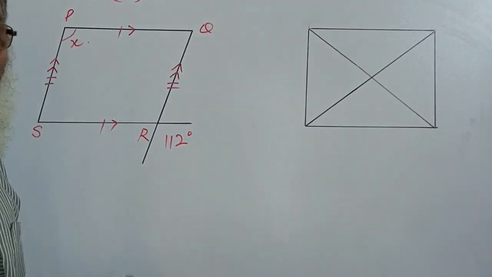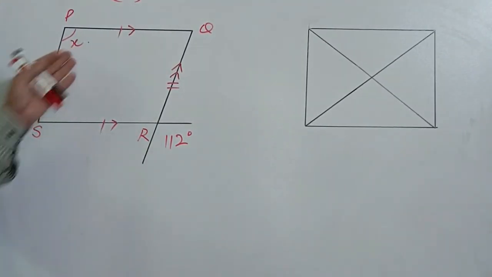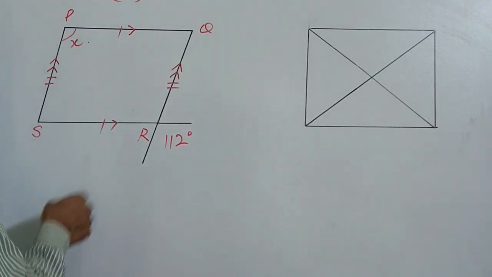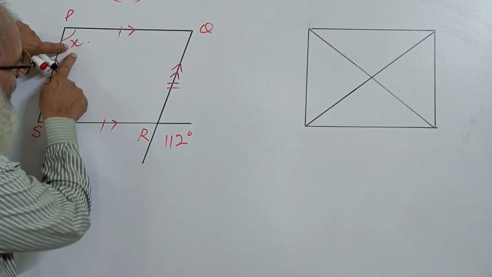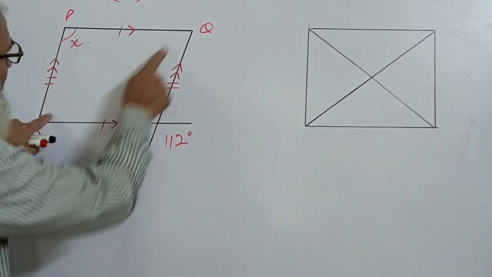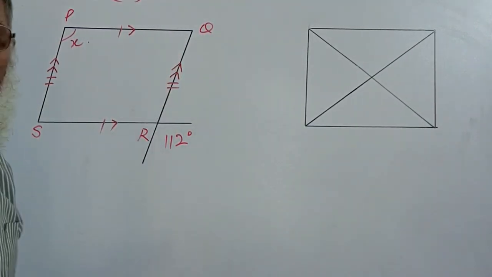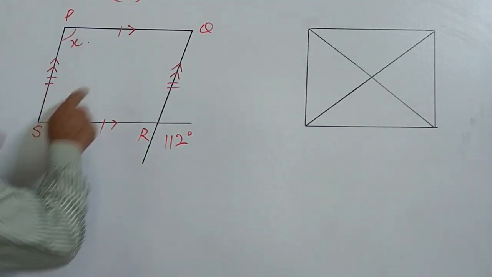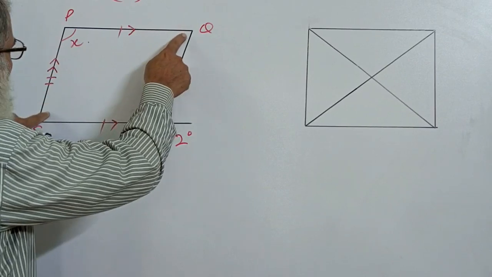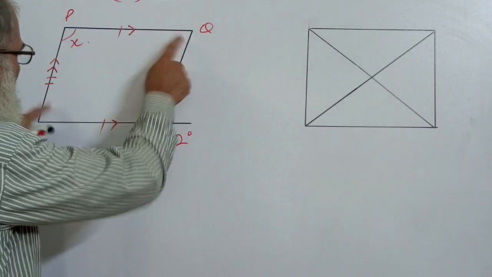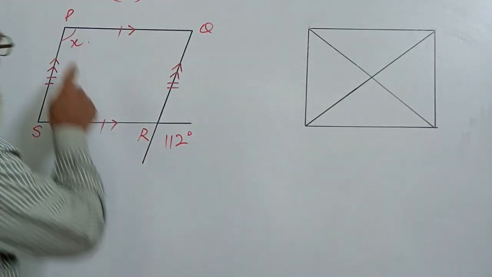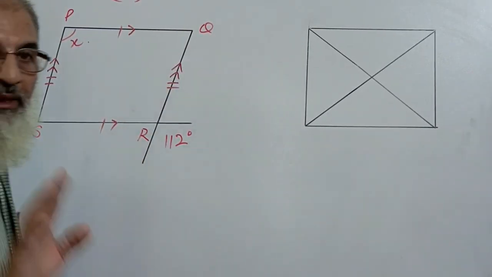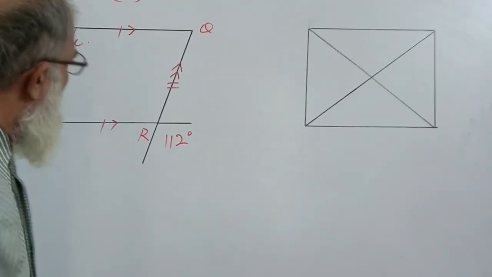There are other ways to find this angle, but the simplest is that this angle is equal to this angle and this angle is equal to this angle. This is written in the properties: the opposite angles of a parallelogram are equal. If this is x, this must be x. If this is y, this must be y. This is the property of a parallelogram.